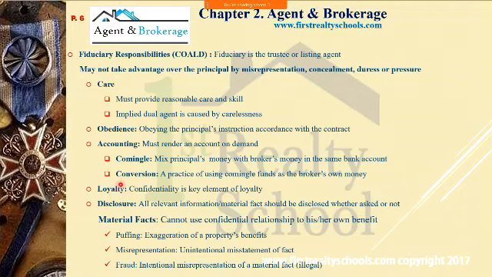Loyalty can be difficult because it refers to confidentiality. In other words, we always say confidential information. However, there are two major differences in the confidential. The first one is probably easier.